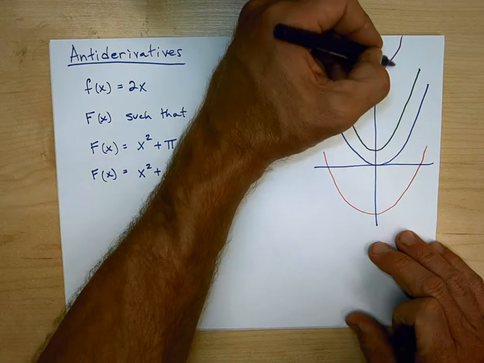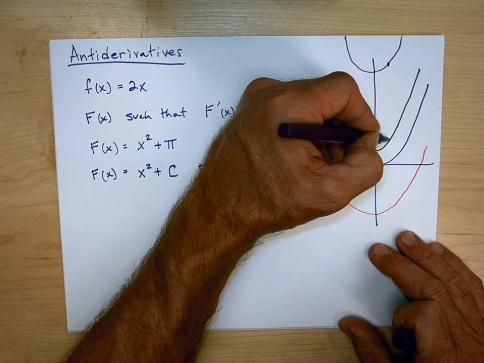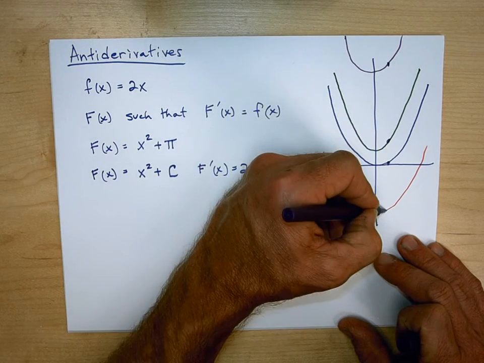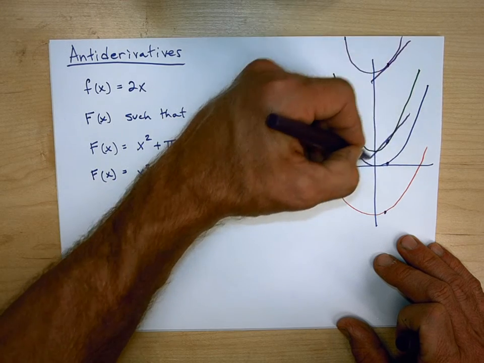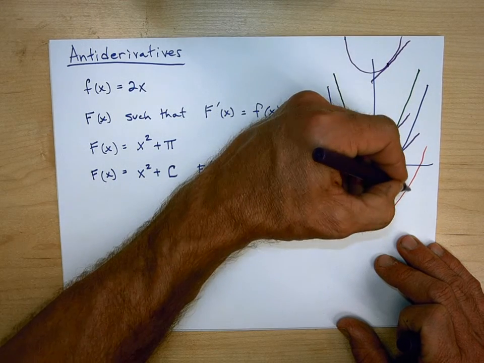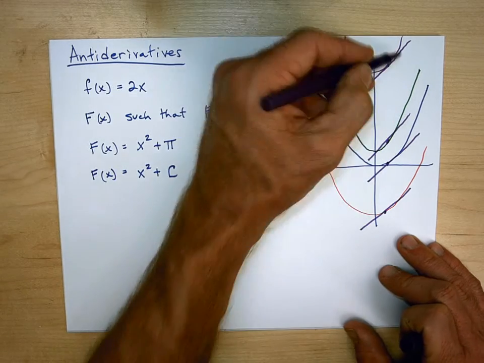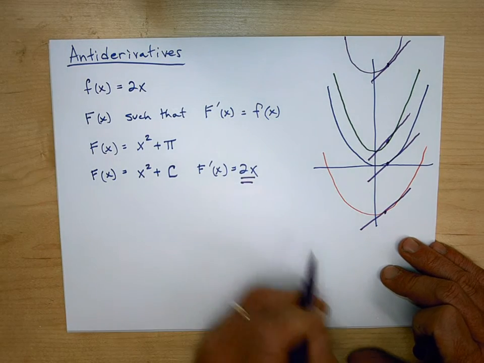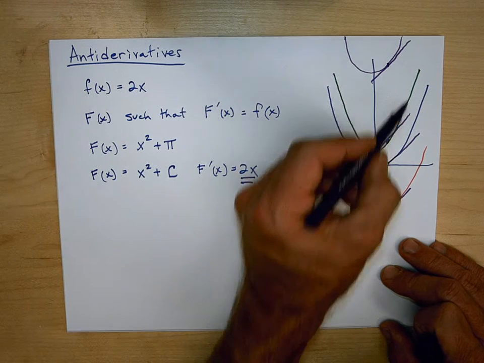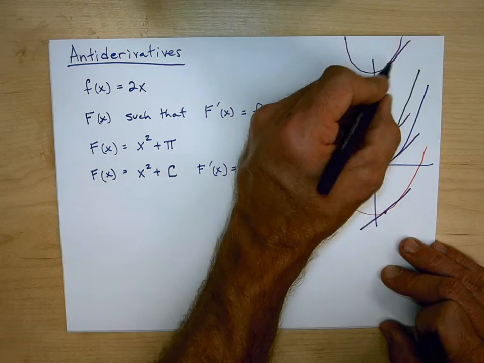So notice that, let's say right along this point here, if I were to draw in tangent lines, the slopes of all those tangent lines are all parallel, right? So the derivative is the same at that point. The equation of the tangent line is different, right?